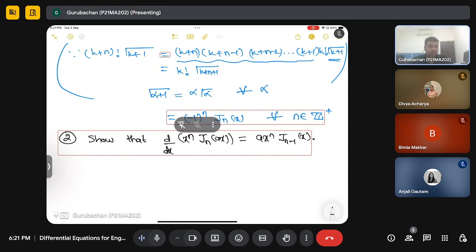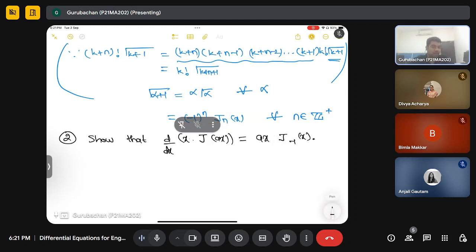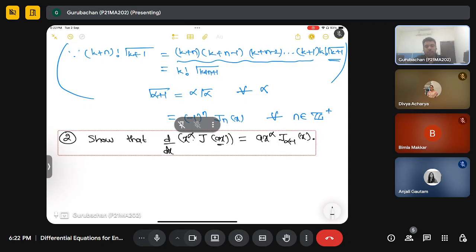Since it is valid for every n, let me write it as alpha, because we generally use alpha as a parameter in our Bessel differential equation. So this will be J_alpha(ax). This is a property we have done in the class. Here we are just replacing x by ax in the function. So either we can apply the chain rule, or we can follow the definition of the Bessel function. So try this one.